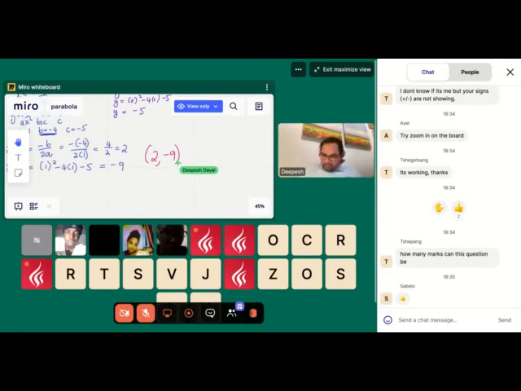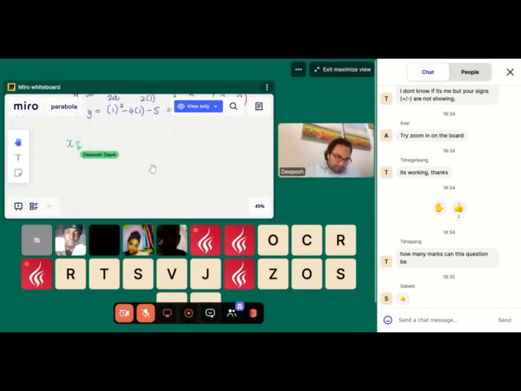Yeah, so we've got now our summary, as I always do. So we had x equals 5 and x equals minus 1, and y is minus 5, right?